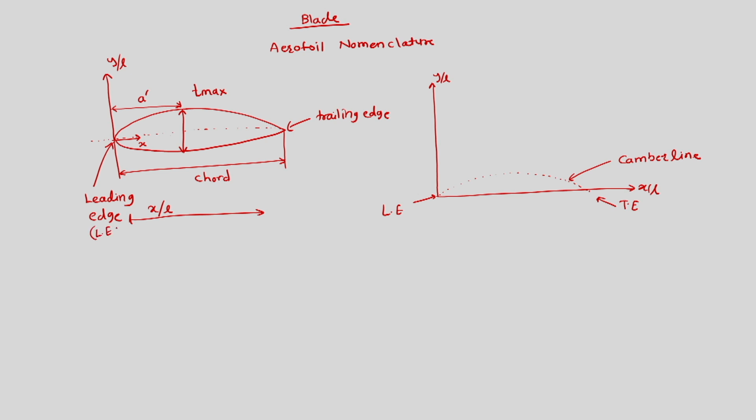We will say it as LE and TE, and this is the maximum curvature. So this is called the maximum camber location of the aerofoil. So these are the nomenclatures of aerofoil cross section.